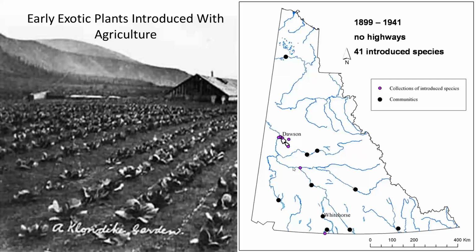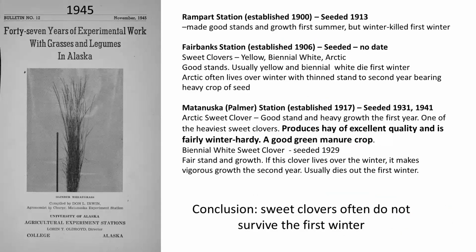That's the Pelly Farm. That's one of the oldest farms, and it's still in existence. And the dot right at the bottom below Whitehorse was along the railroad tracks near Carcross.